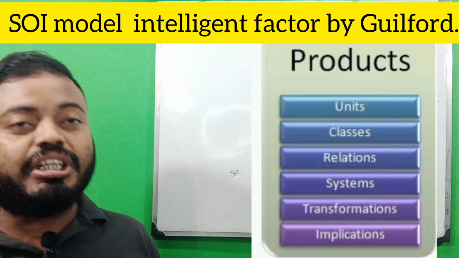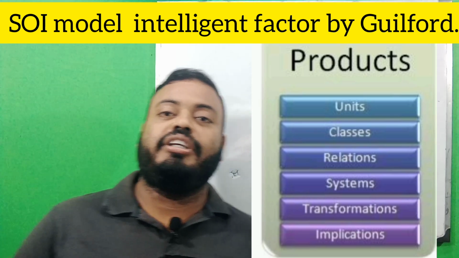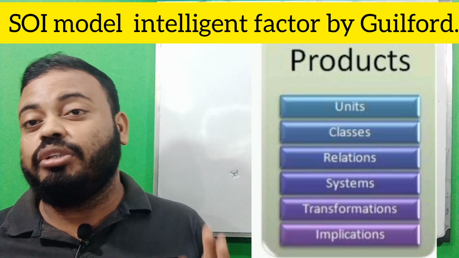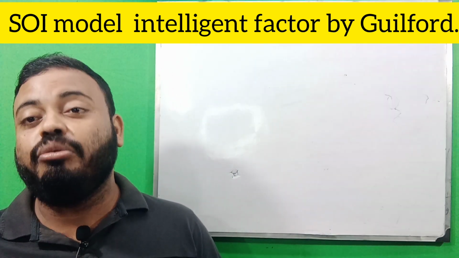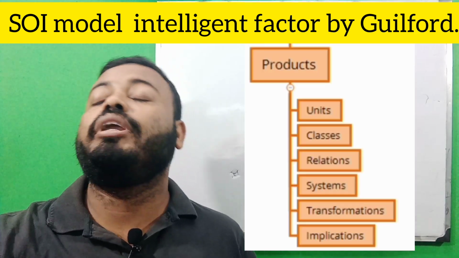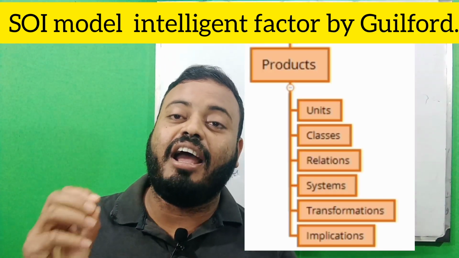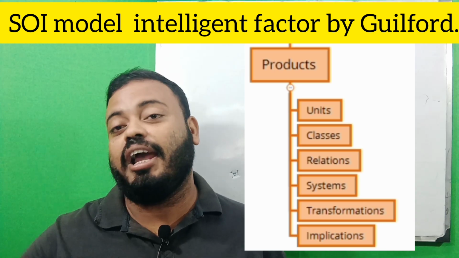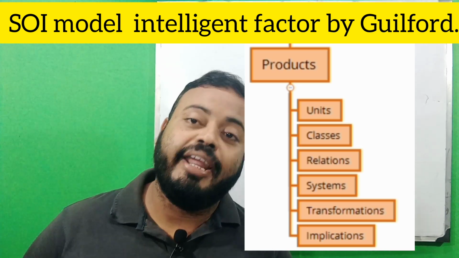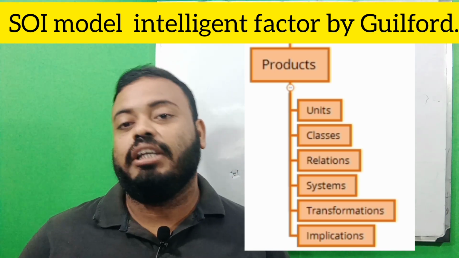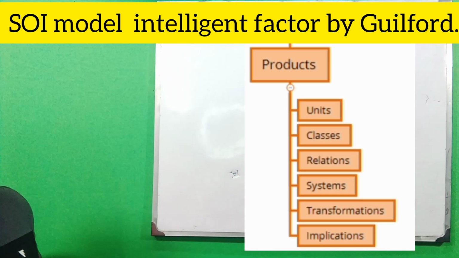We will learn those types elaborately. At first, the unit. Here we have a clear idea about the unit, and we will do our work about this unit. Next is the class.